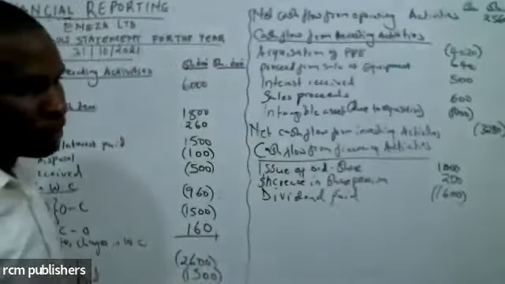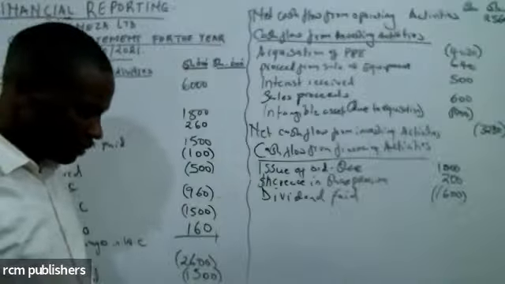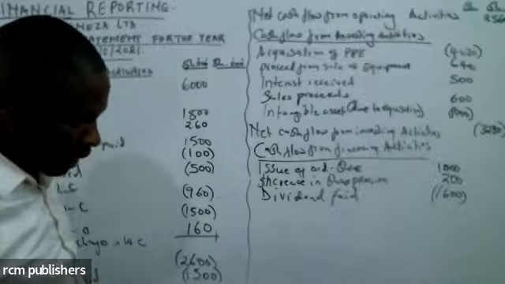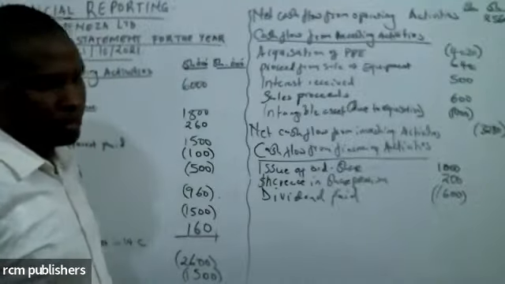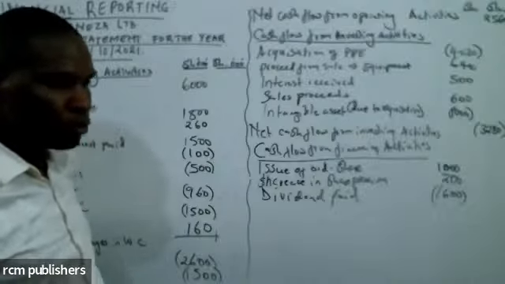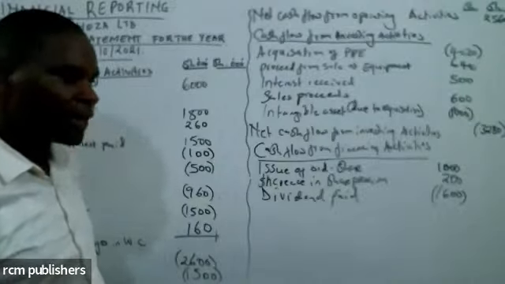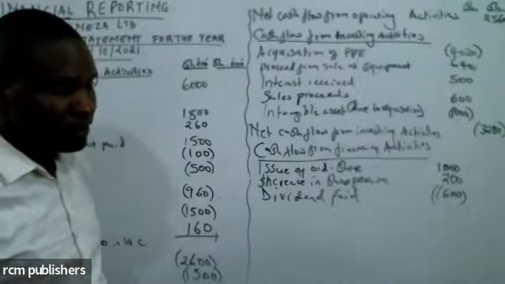Any other item? You go to non-current liability. Tuko na loan hapa. At the start of the year, loan ilikuwa ngapi? Sasa tuone what happened. Kama walilipa hii loan ama waliborrow. At the start of the year, loan ilikuwa ngapi? Just check. 1,000.